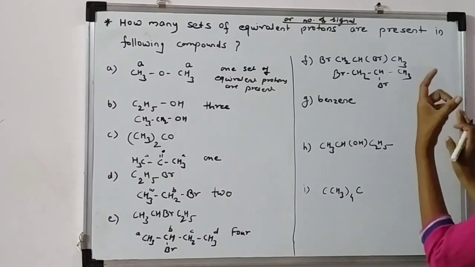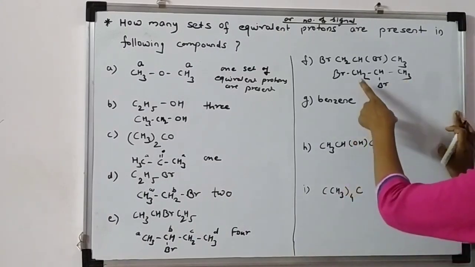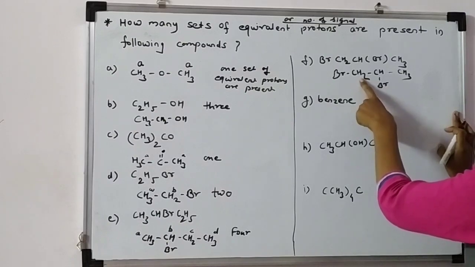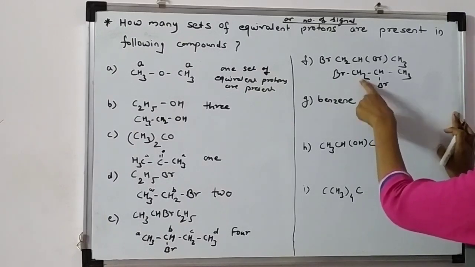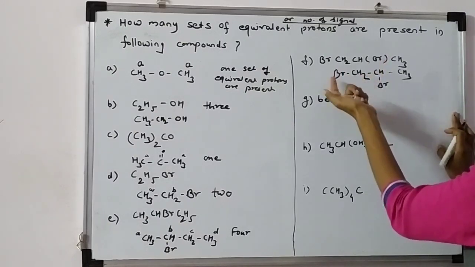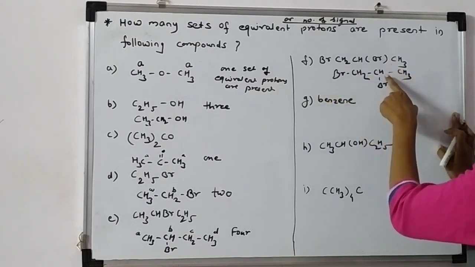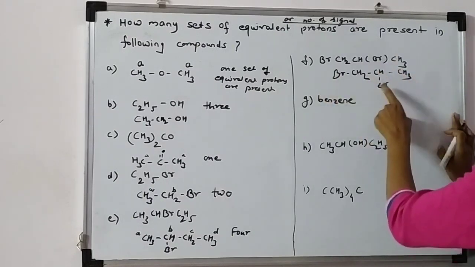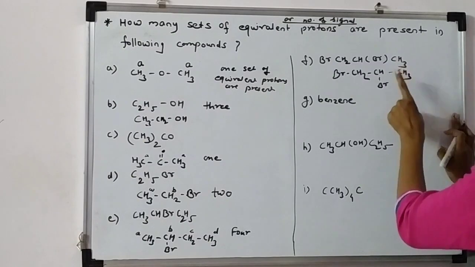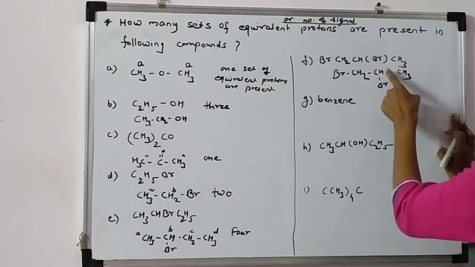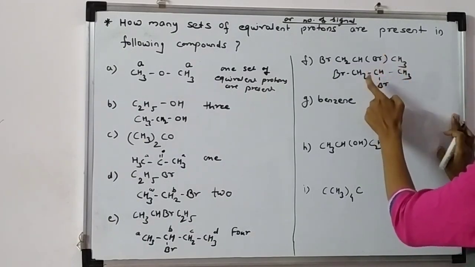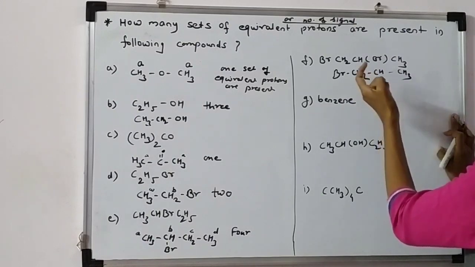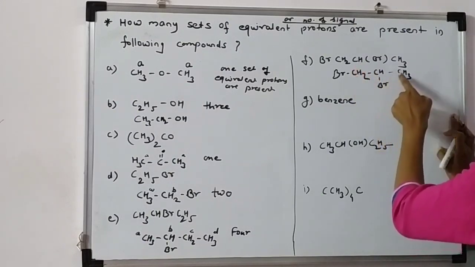Again, in another way we can see here, these two protons are attached to the carbon atom which is attached to bromide, and on this side there is a carbon. And here one proton is attached to the carbon atom which is attached to a carbon, bromide and again a carbon.